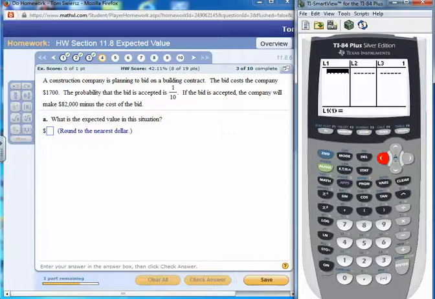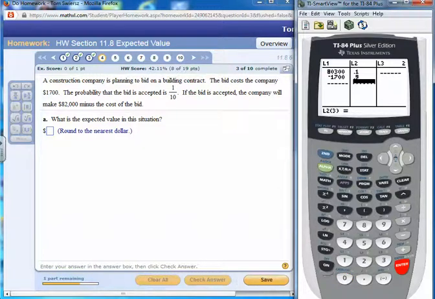If they get the bid, it was 80,300. If they do not get the bid, they will lose what they had to, the bid cost the company 1,700, so negative 1,700. Getting the bid is 1 divided by 10, or 1/10. Not getting the bid will be 1 minus 1 divided by 10. It'll automatically do the math for you, which is 9/10 or 0.9.